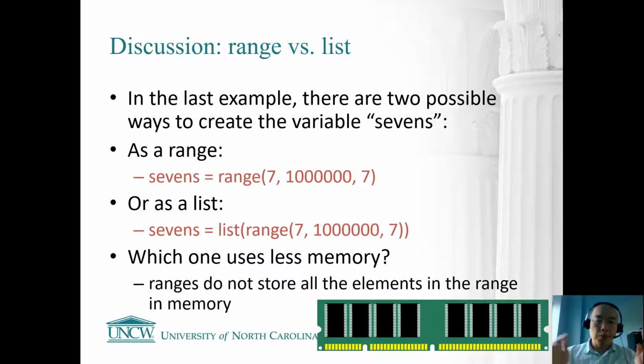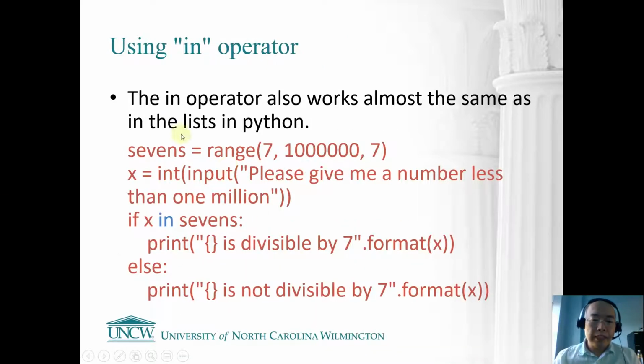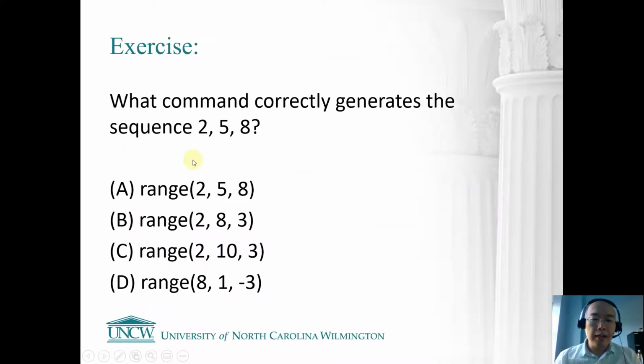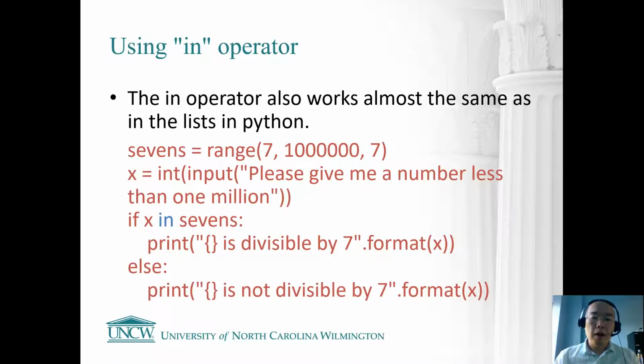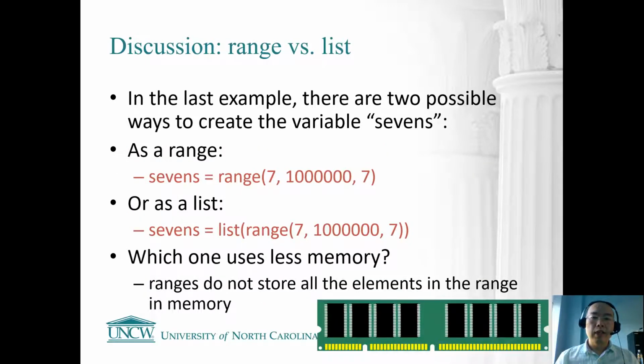For this code, I'm using the first version. If I'm using the second version, that will be a list instead of a range, and this part of the program will run exactly the same. My question is, which one is going to save us some memory? Think about that.